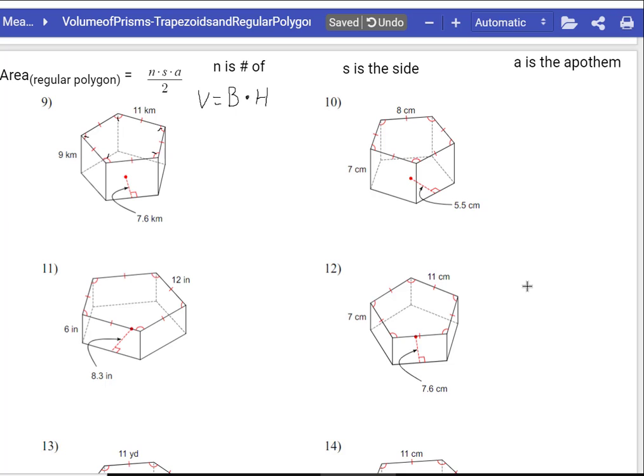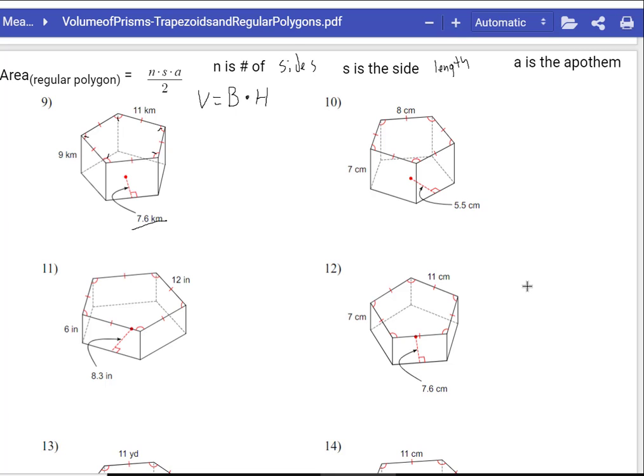So the area of a regular polygon is n times s times a, divided by 2, where n is the number of sides, s is the side length, and a is the apothem, this thing right here, from the side to the center of the regular two-dimensional shape.